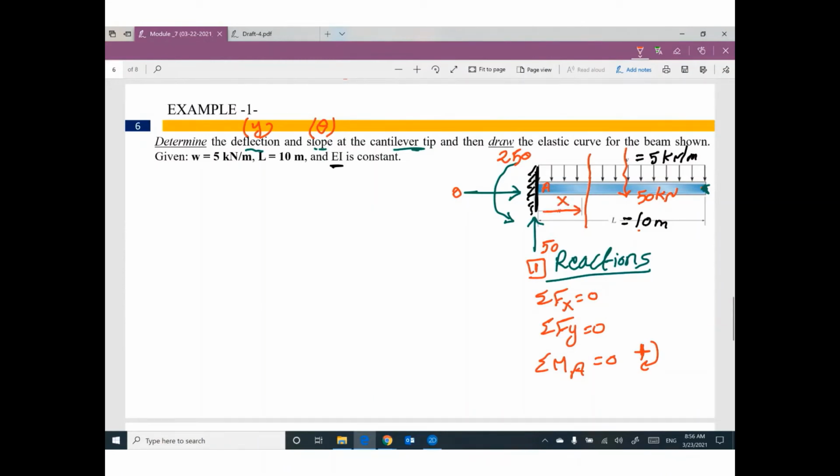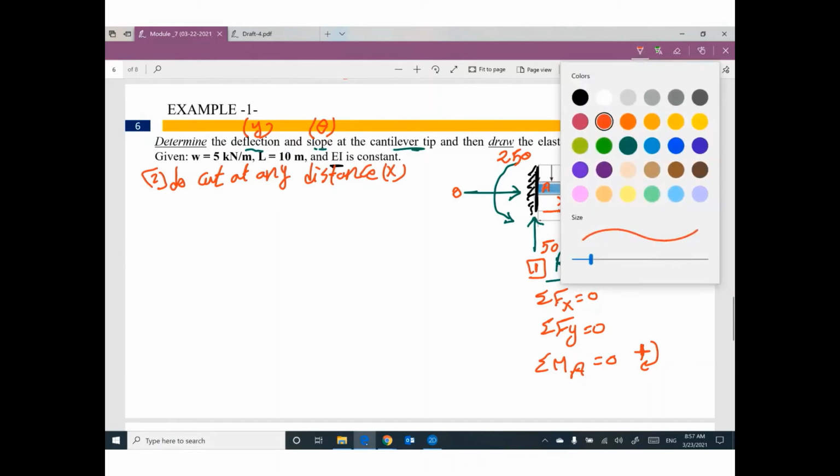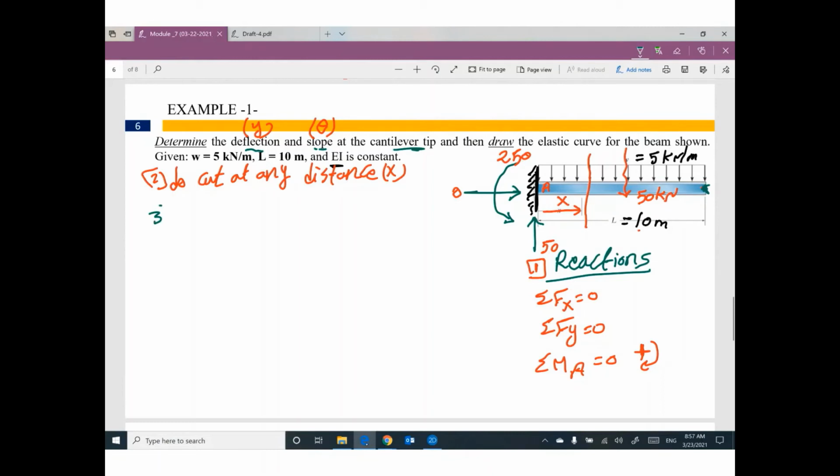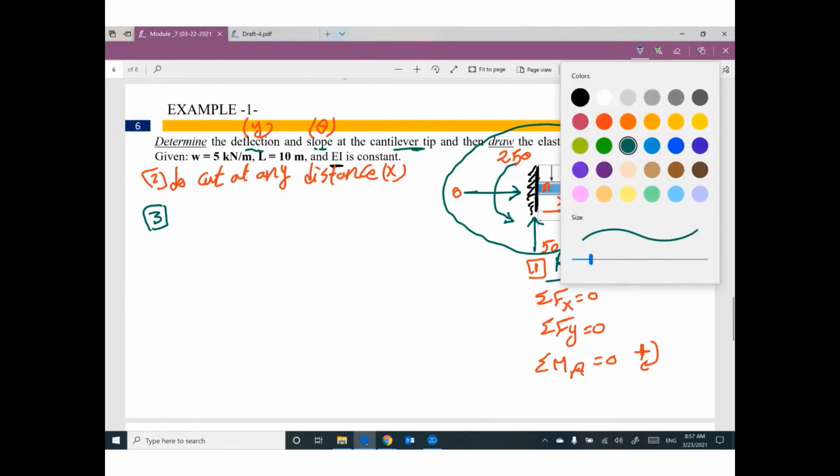Next step, do a cut at any distance x, at any location you would like. Once you did your cut, you have to decide. We can use the right part or the left part. I would like to use the left part, which will be the perfect choice.